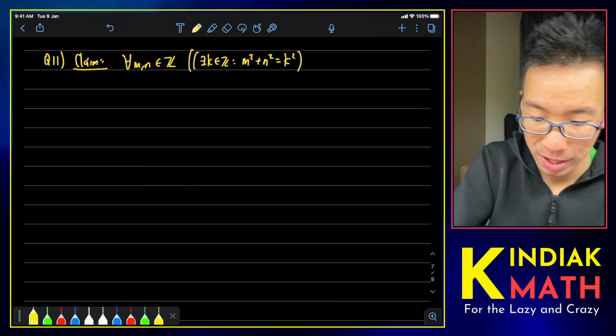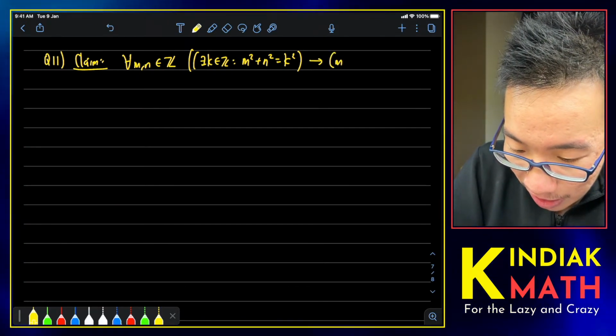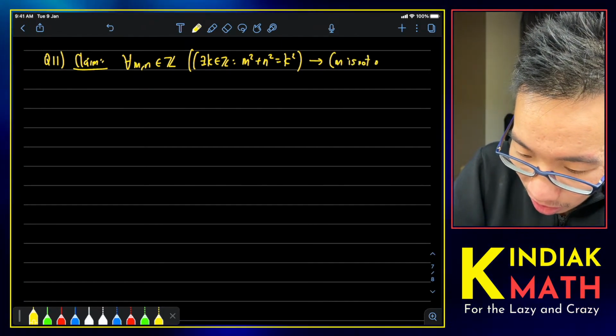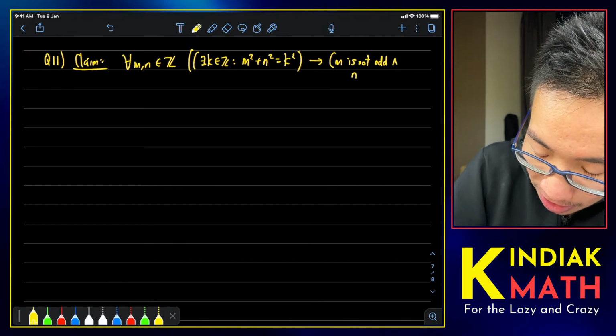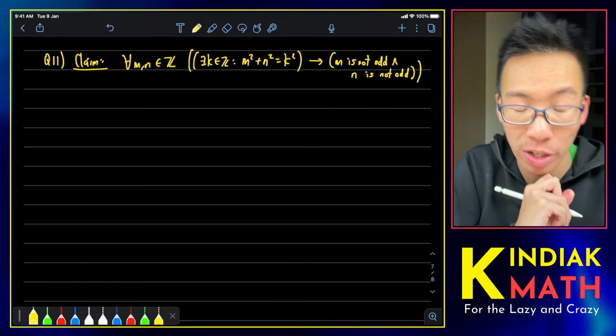What we can conclude is that m is not odd or n is not odd. We claim that this is true and we're going to try to prove it.